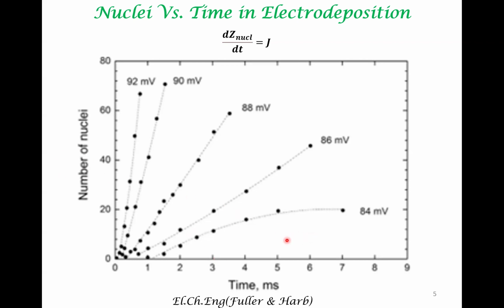But what we observe is that for most overpotentials, it is a linear rate. That is, the rate is independent of time, and the number of nuclei is linearly proportional to time.